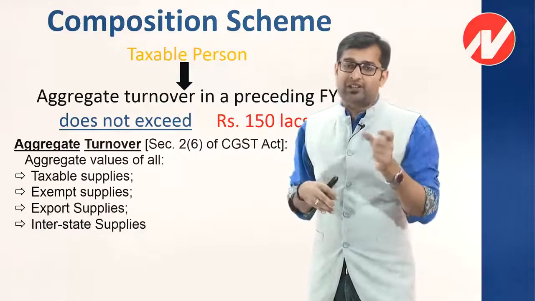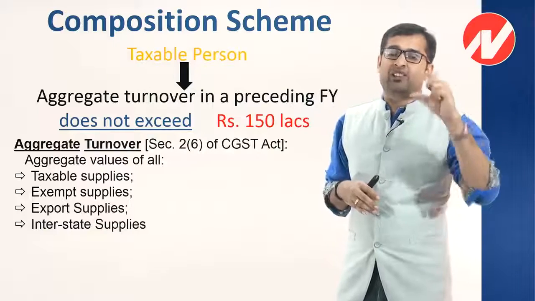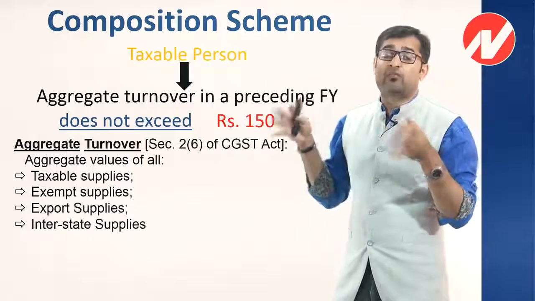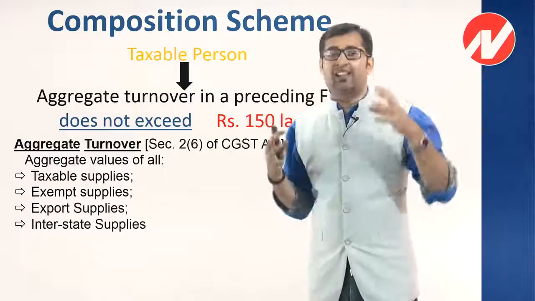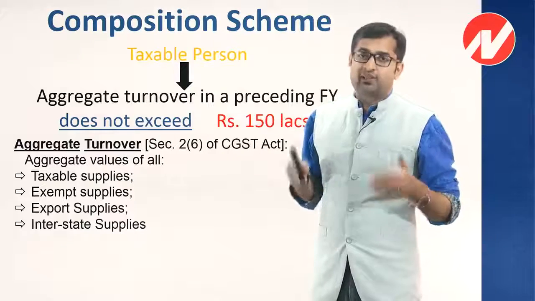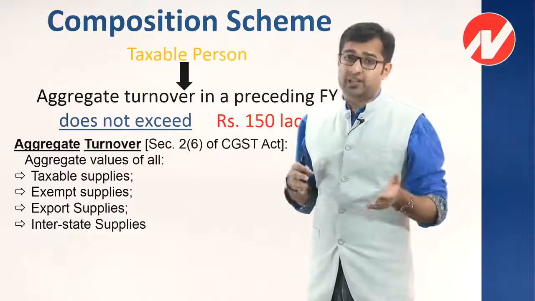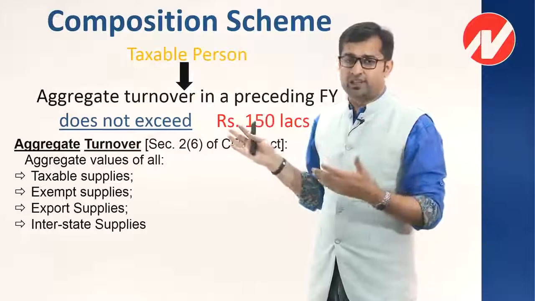If you say, no, you don't consider state-wise turnover, you consider the total turnover of the organization, then I need to consider both the states' total amount. And if you say, no, you can't consider aggregate, you have to consider state-wise, then you have to understand each state and what is the turnover of each state. And wherever in a state it crosses 100 lakhs or 150 lakhs or whatever the limit is, then we are not eligible.